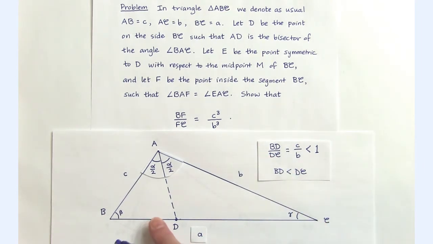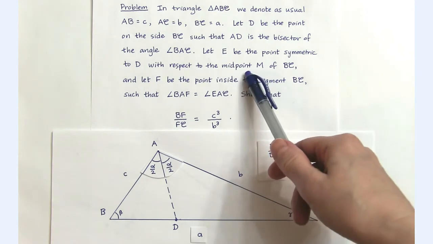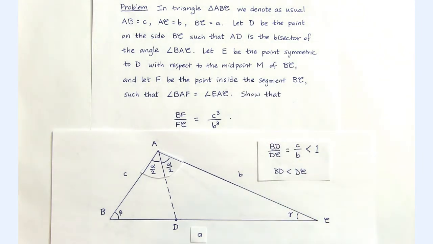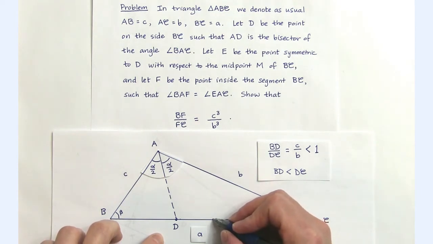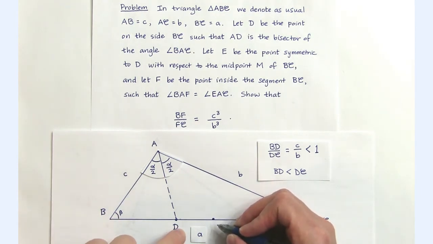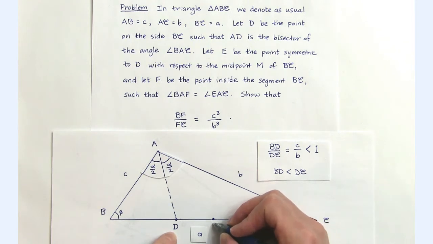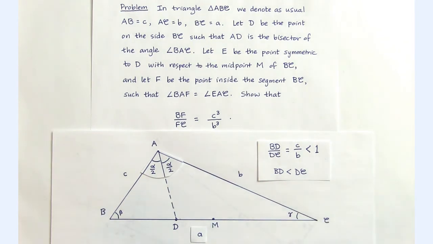So this length is smaller than this length, which is what my eyes are telling me in this diagram. And what that's telling me is that when I'm being asked to find the midpoint, because this is the smaller length, I know that the midpoint is to the right of my point D, right over here, like this.